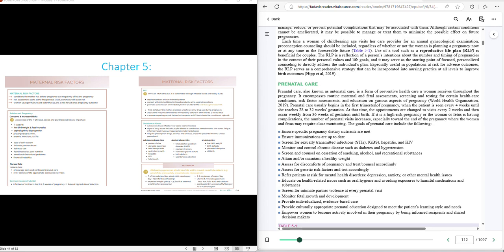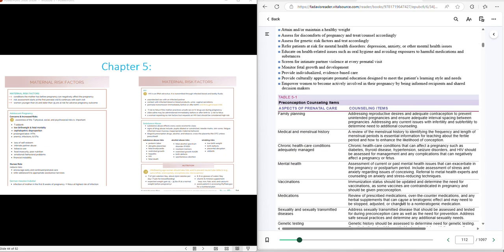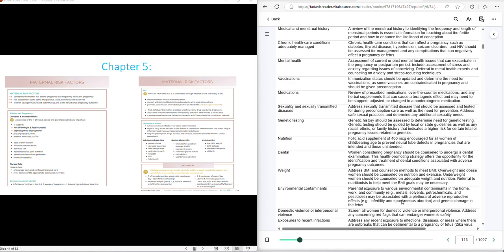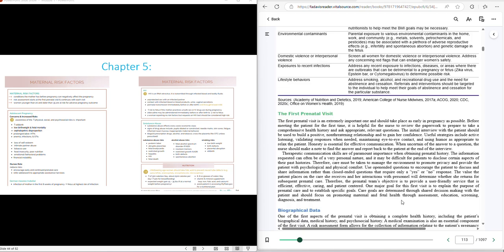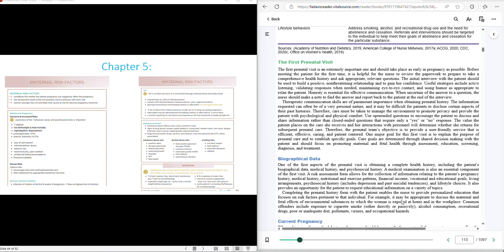There's some bullet points here that are important. Just make sure you read through those, what goals you need to set as a patient or have your patients set, and the counseling items. So dentist, even genetic counseling, STIs, STDs, medications, vaccinations, your first prenatal visit.